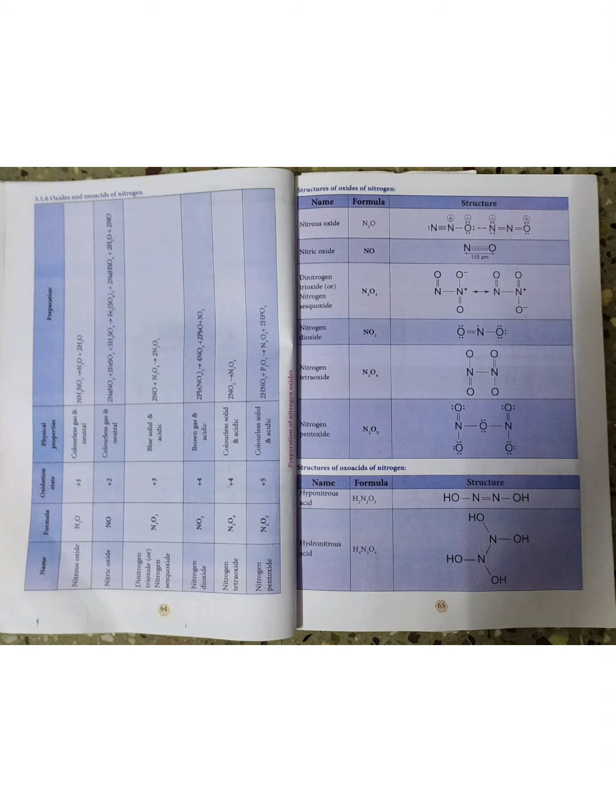Some of the nitrogen compounds like nitrous oxide N2O, nitric oxide NO, dinitrogen trioxide or nitrogen sesquioxide N2O3, nitrogen dioxide, nitrogen tetraoxide N2O4, nitrogen pentoxide: their oxidation state, physical properties and method of preparation are given in the book.